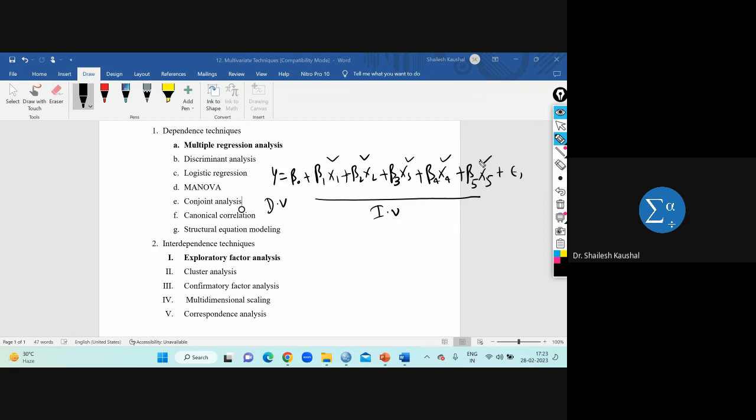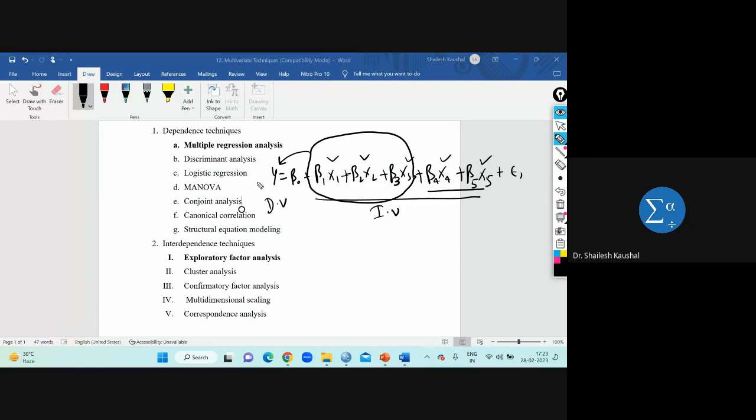So when we apply multiple regression analysis to check the impact of several independent variables on the dependent variable, we find that out of the 5 independent variables, only 3 independent variables are significantly contributing to the dependent variable, and the other 2 variables are not significantly contributing.